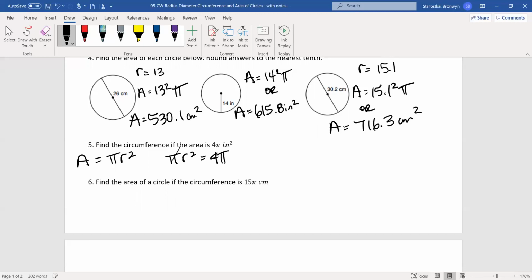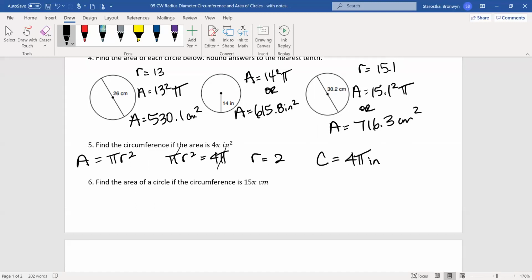Notice you can cross off the pi's. R squared equals 4, which means the radius equals 2. The diameter is 4. Circumference is 2 pi r, or the diameter times pi. So the circumference is 4 pi inches, not inches squared like the area was.